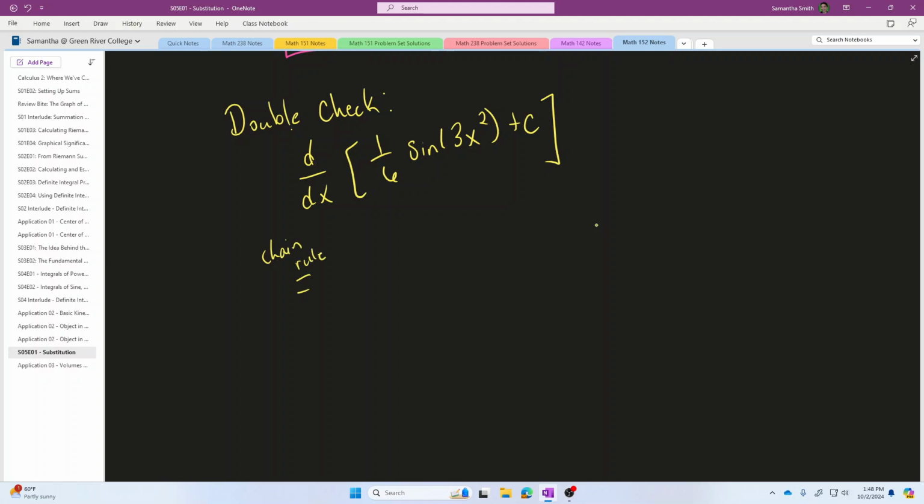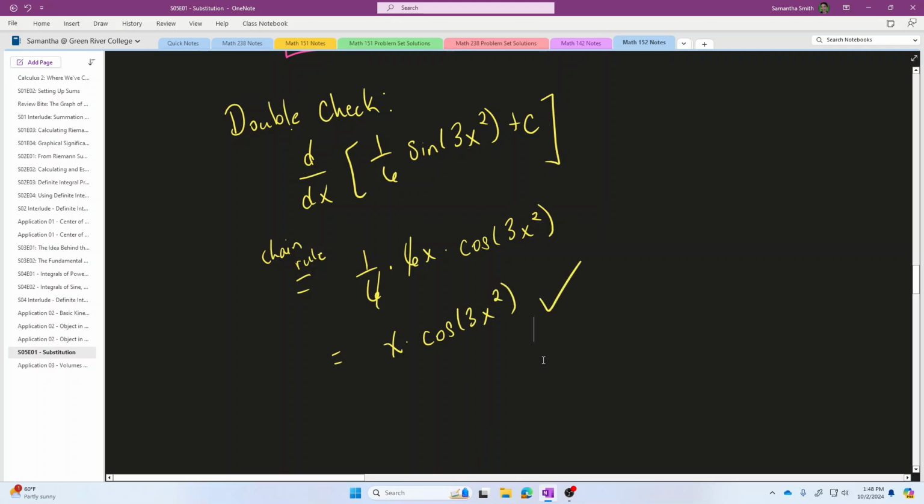If I take this derivative, I'll get 1/6 times the derivative of the inner function 6x times the derivative of the outer function cosine. The c will vanish. And once I simplify that, I get x times cosine of 3x squared, which I had originally in my integrand.